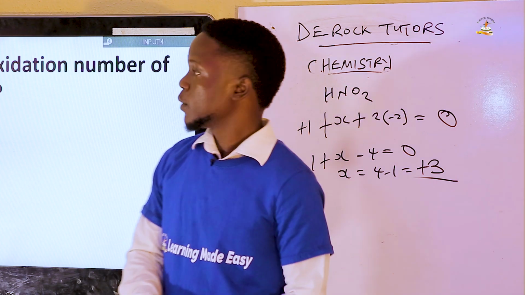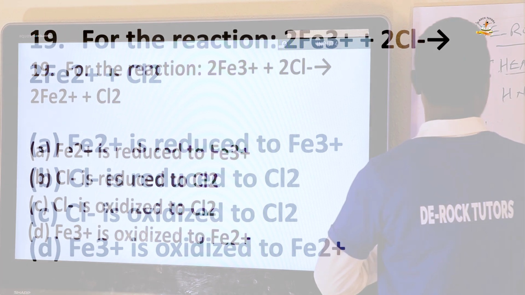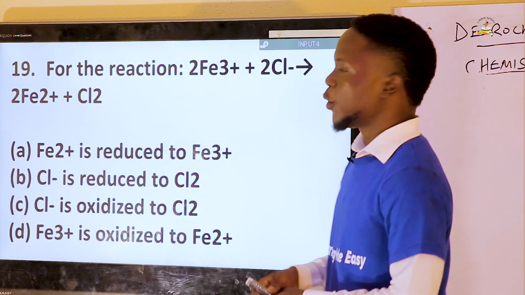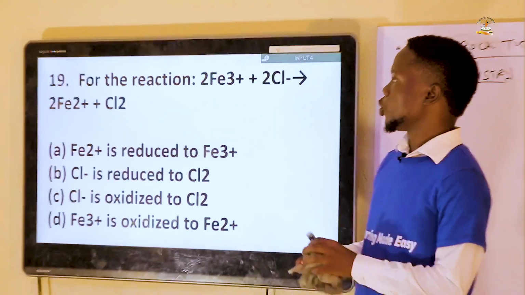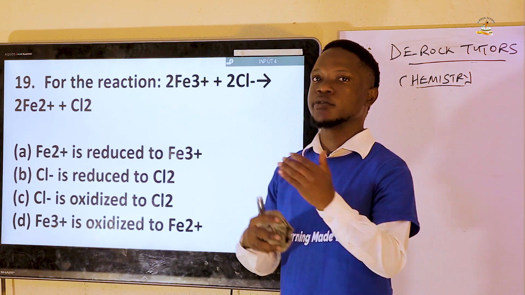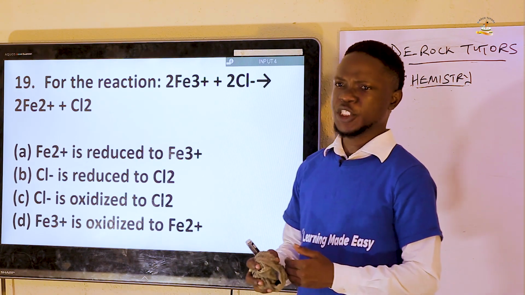Option A. Next question. For the reaction 2Fe3+ plus 2Cl- to give 2Fe2+ plus Cl2. So now let's look at this reaction very carefully. Now, oxidation and reduction. In context to this reaction, oxidation is an increase in the oxidation number, while reduction is a decrease in the oxidation number.